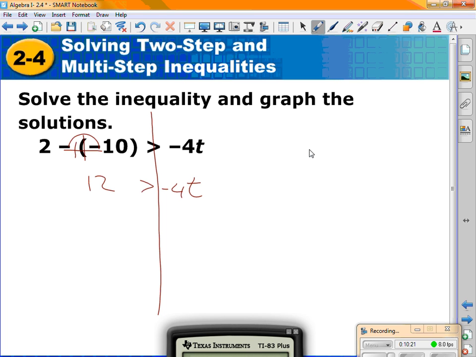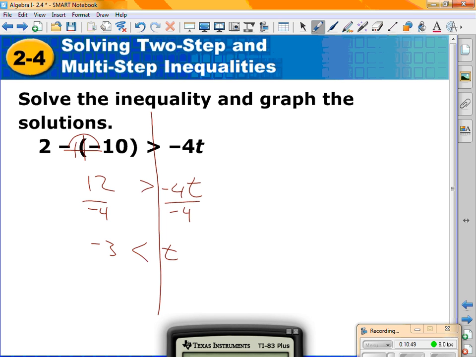Now what do I need to do? I've simplified. Now I divide by negative 4, divide by negative 4. Negative 3, ding, ding, ding, flips to less than t. But I usually do not like the variables on the right. It makes it harder for me to graph. And it seems like a lot of you are starting to get into this habit.